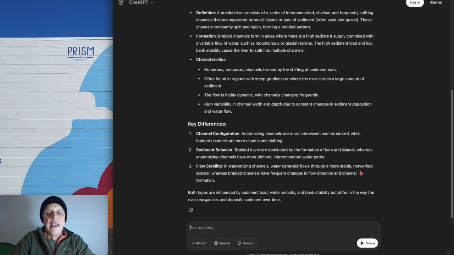Flow stability: in anastomosing channels, water generally flows through a more stable networked system, whereas braided channels have frequent changes in flow directions and channel formation. Both types are influenced by sediment loads, water velocity, and bank stability, but differ in the way the river reorganizes and deposits sediments over time.